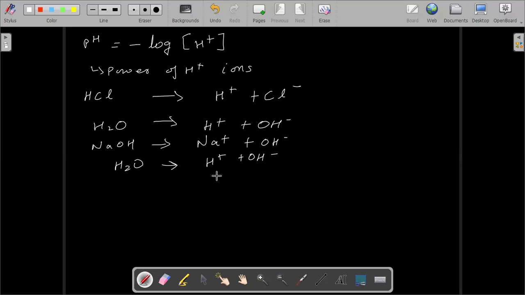When you are dissolving sodium hydroxide, you are getting H plus ions also. And when you are dissolving HCl, you are getting hydroxide ions also in the solution. The first one is acidic in nature, the second one is basic in nature. Understood these terms?